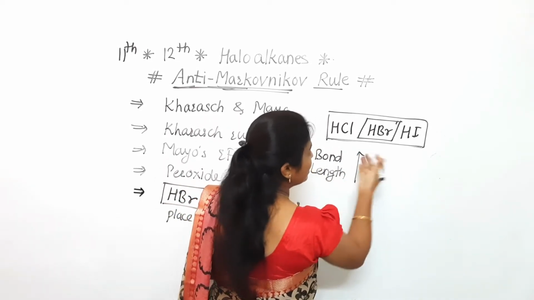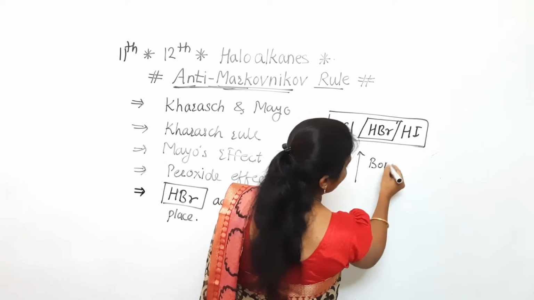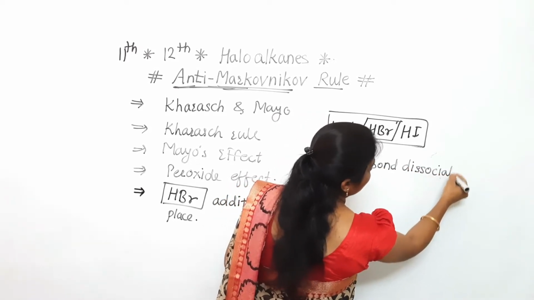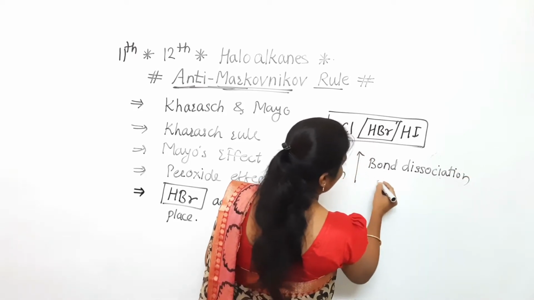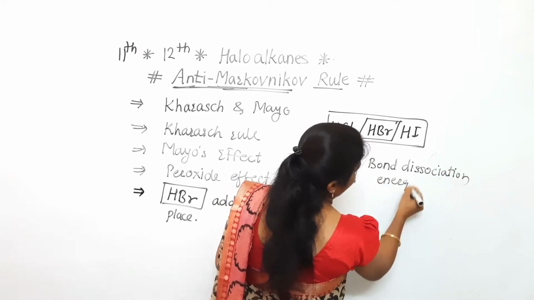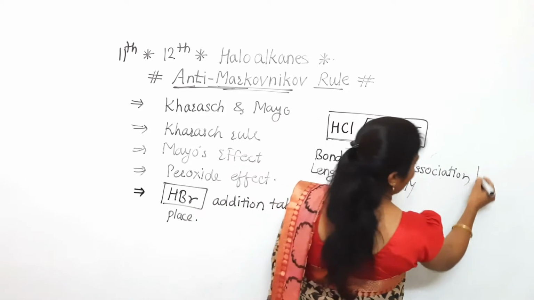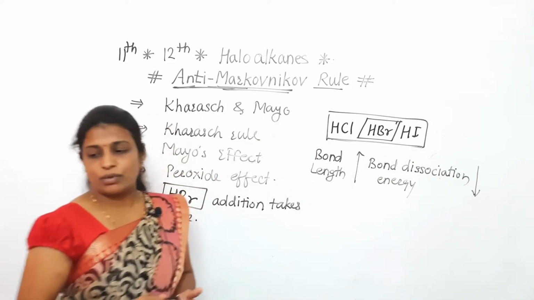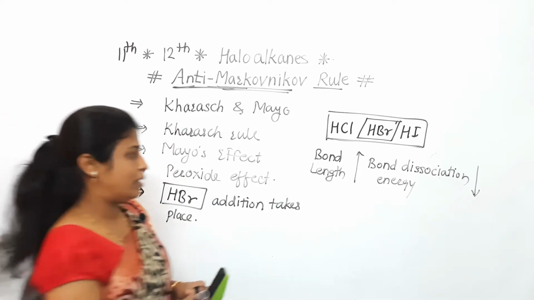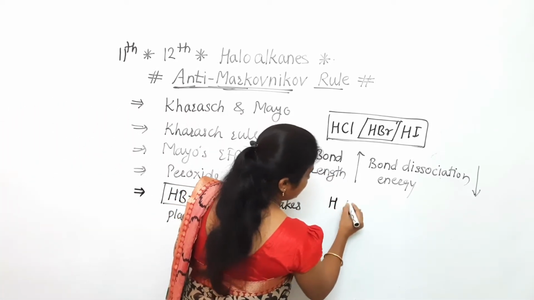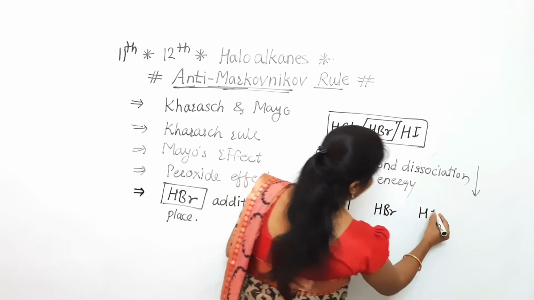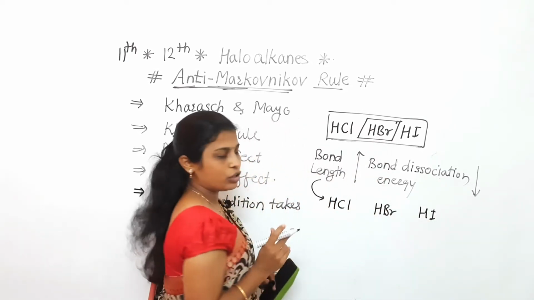So if we consider the bond length for HCl, HBr, HI, it increases. And as bond length increases, the bond dissociation energy decreases. What is bond dissociation energy? That is the energy required to break the bond. Clear to everyone? So according to that concept, for HCl, HBr, HI, first we discuss the order for bond length.